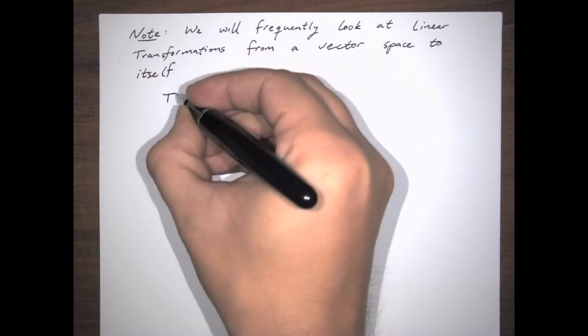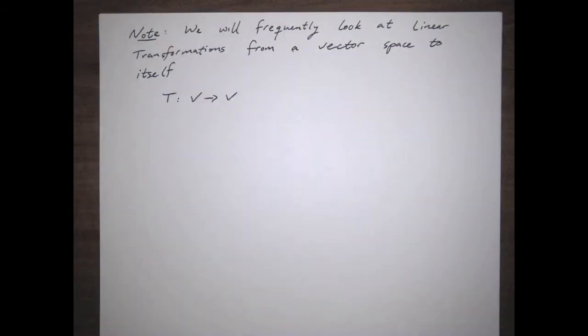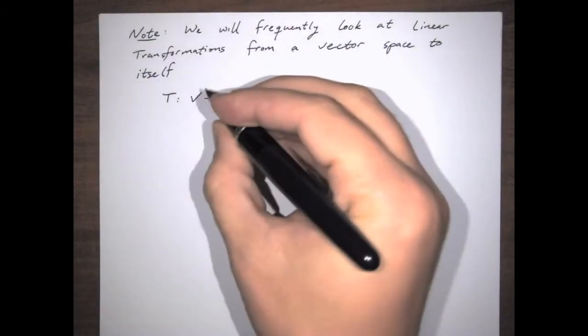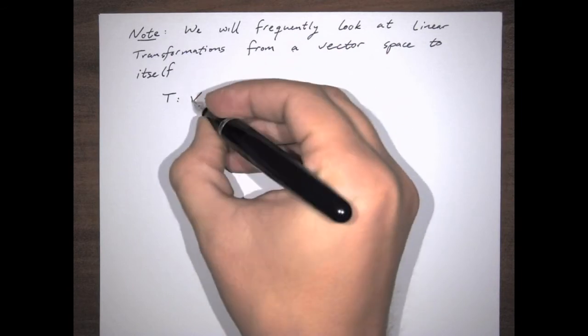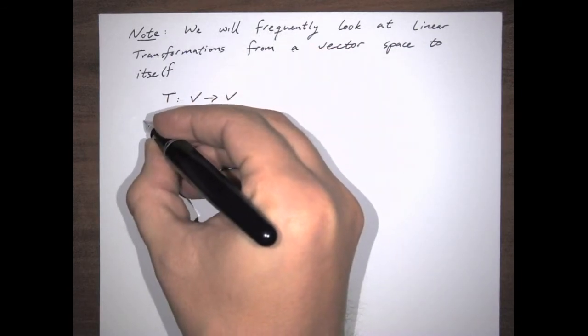In other words, T from V just into V. When we use the same basis for V, both before and after the transformation, then we will refer to the matrix.